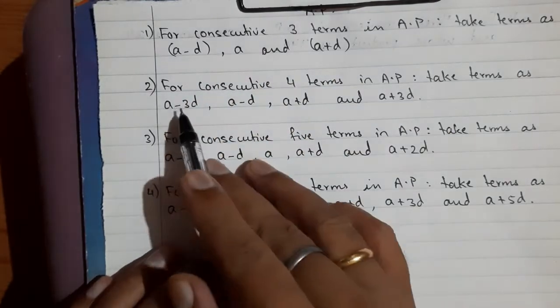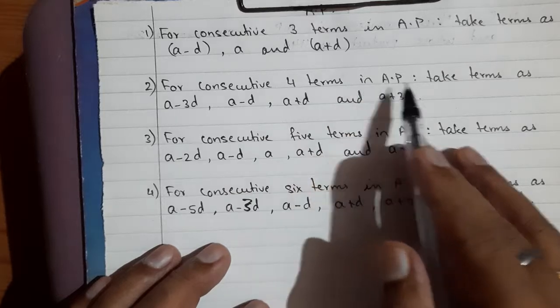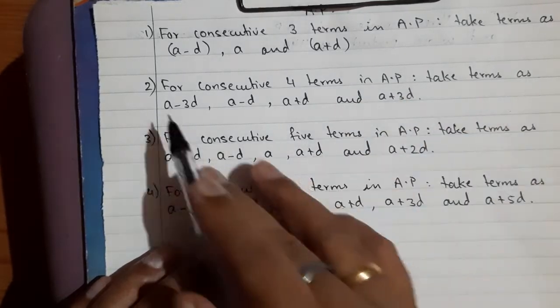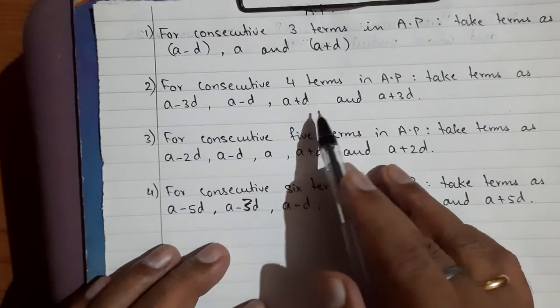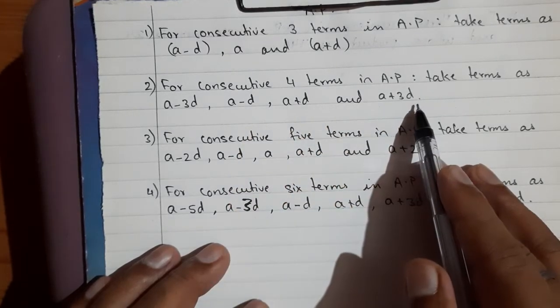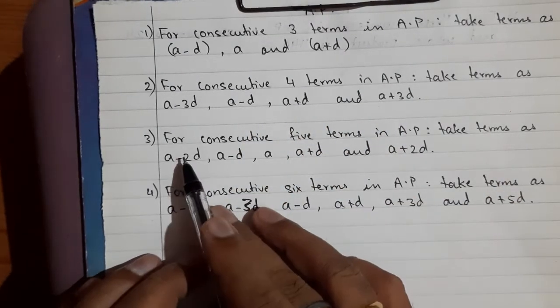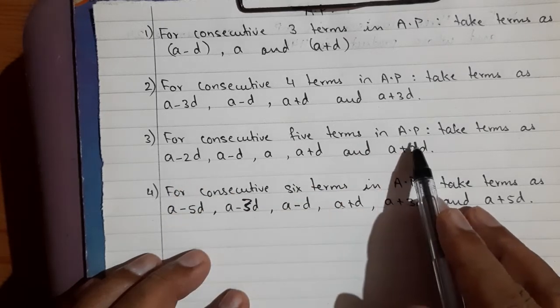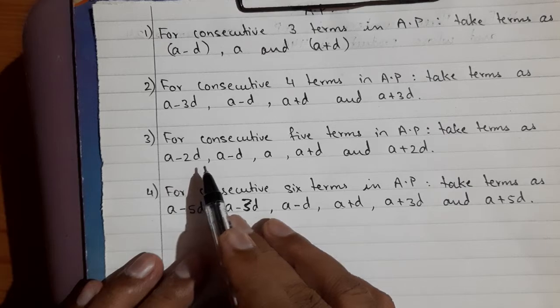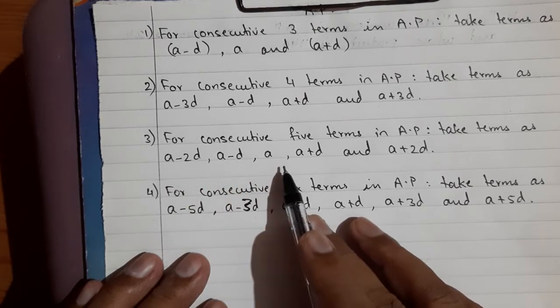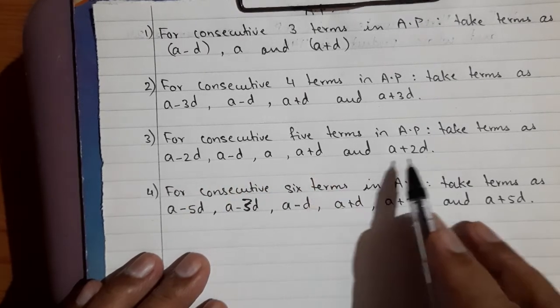For consecutive 4 terms in AP, take terms as a minus 3d, a minus d, a plus d and a plus 3d. Similarly, for consecutive 5 terms in AP, we can take terms as a minus 2d, a minus d, a, a plus d and a plus 2d.